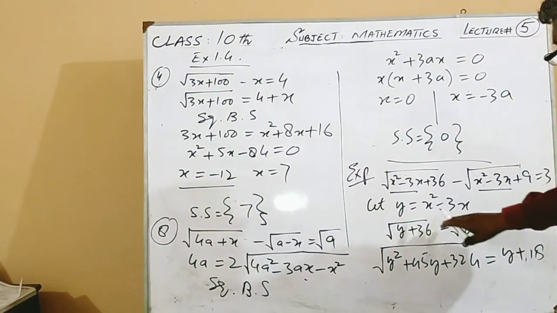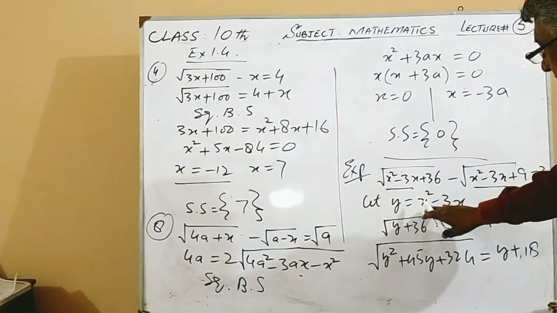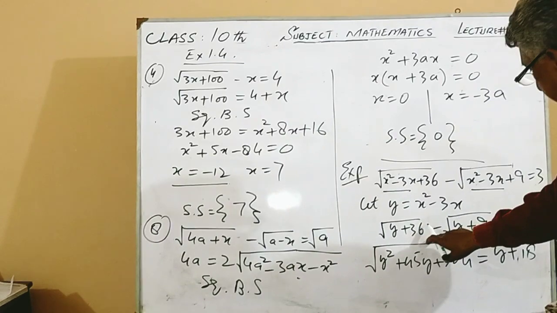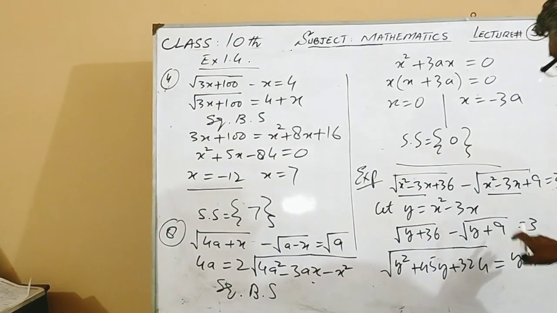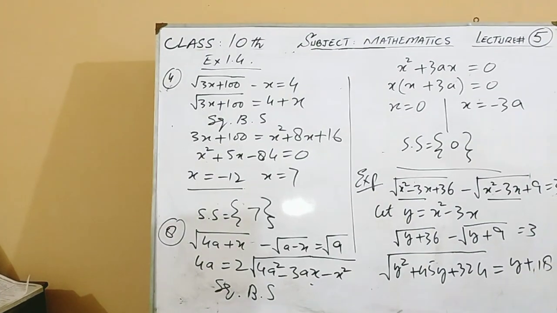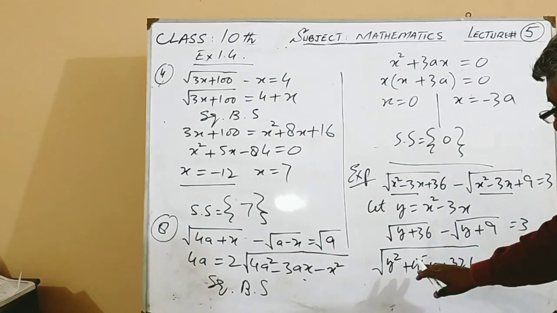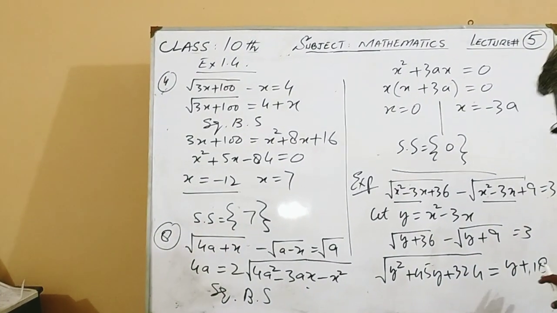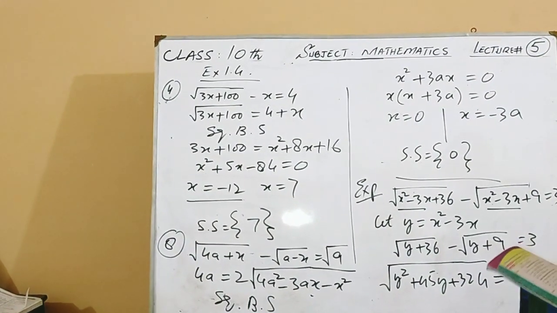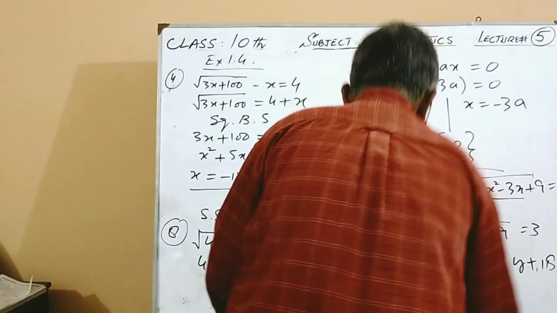My dear students, after simplification you will get this value, and squaring both sides as we have done in the previous case, you will get this. Again you have to simplify, again you have to square both sides, and you will get two values of y.